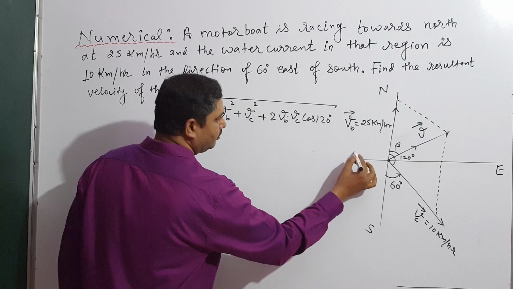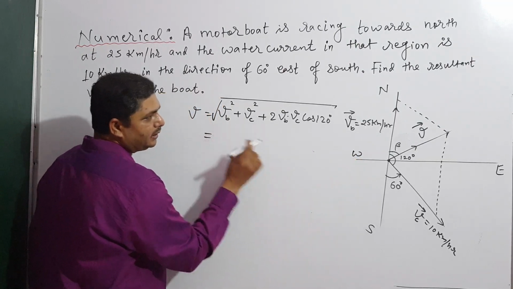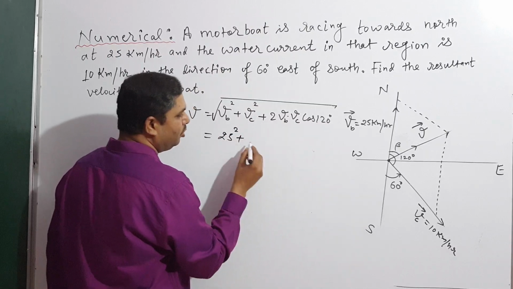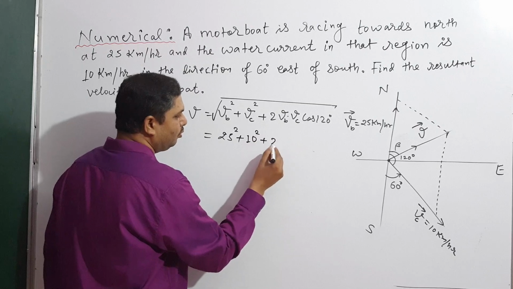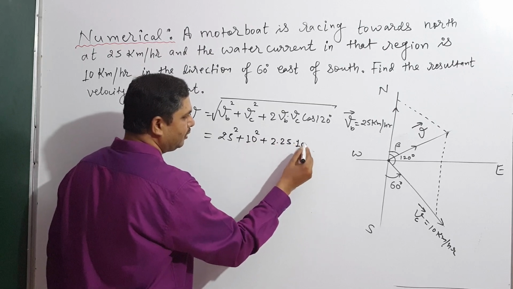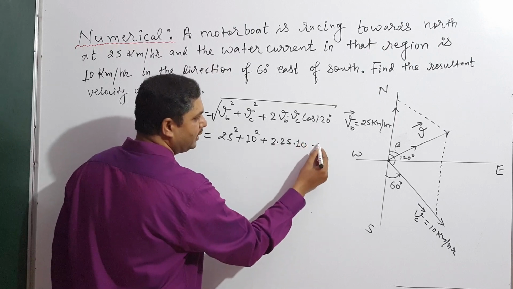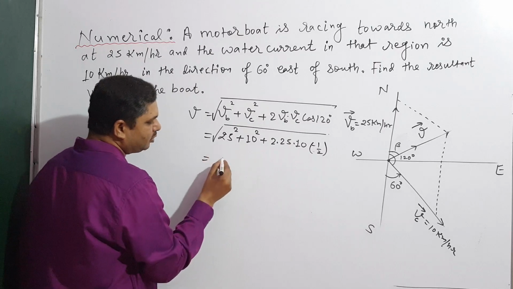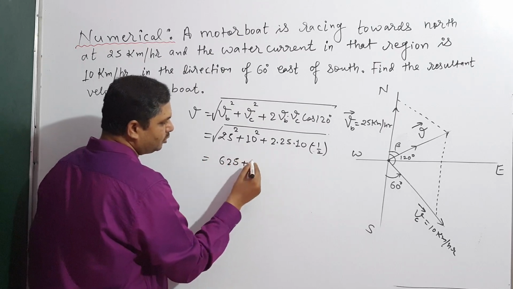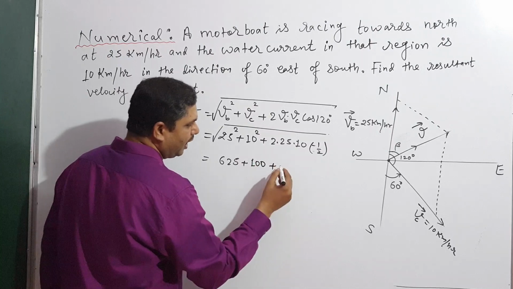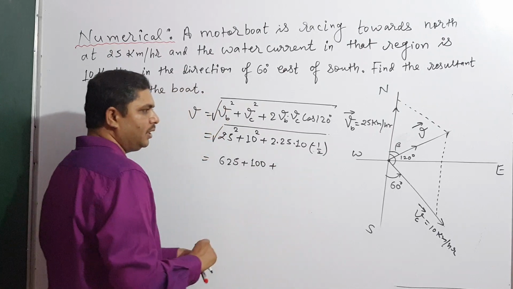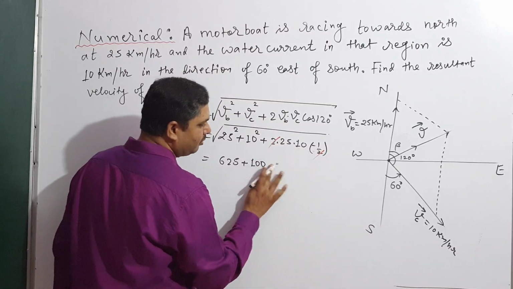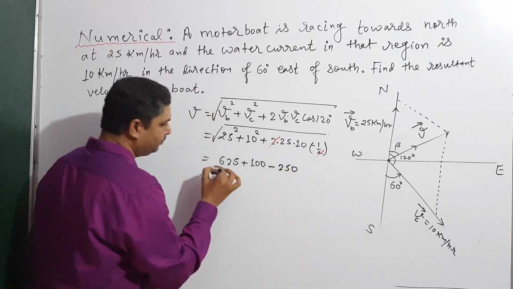Now you have VB equal to 25, so 25 square, and VC equal to 10, so 10 square, plus 2 into 25 into 10, cos 120 is minus half, all over root. This 25 square is 625, 10 square is 100, and here I will cancel out this 2, so we have 25 into 10, equal to minus 250.